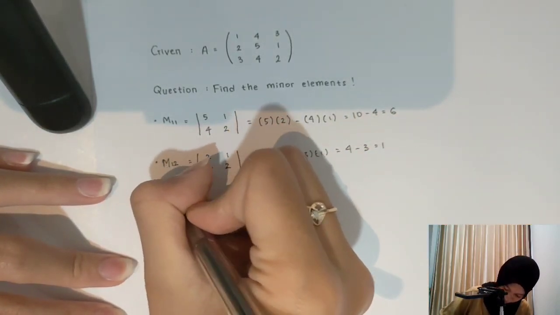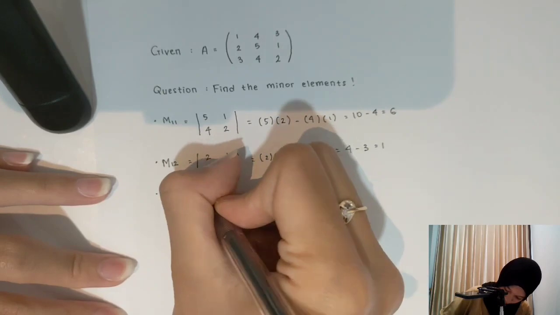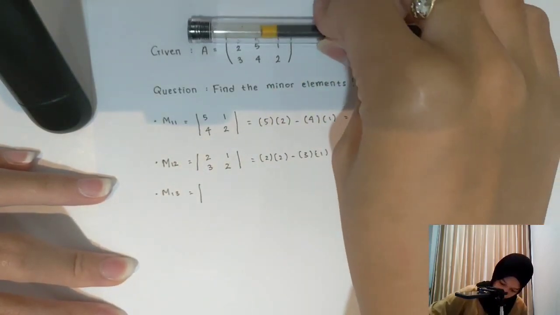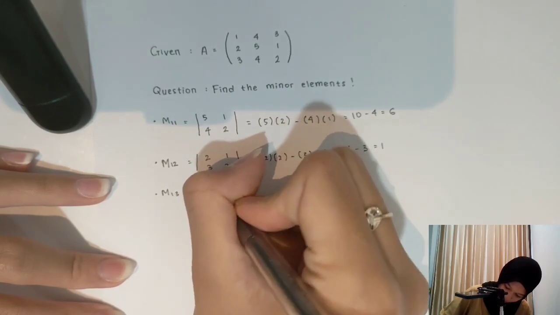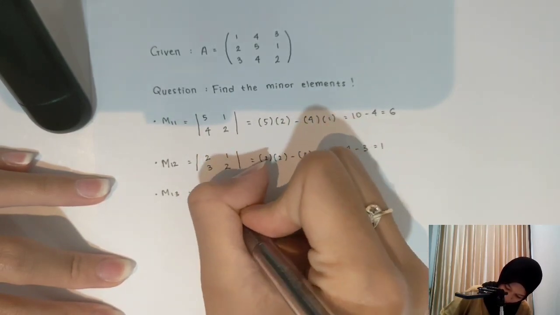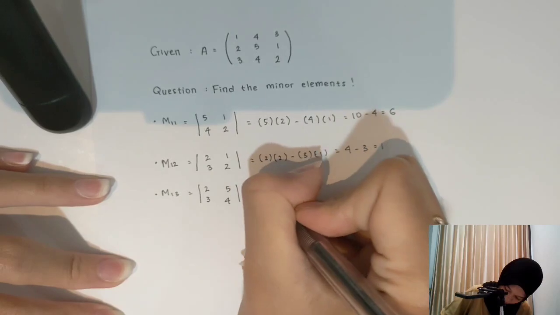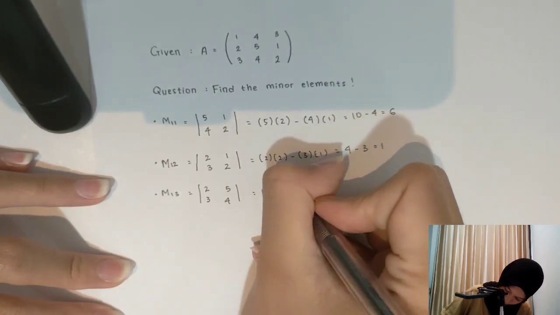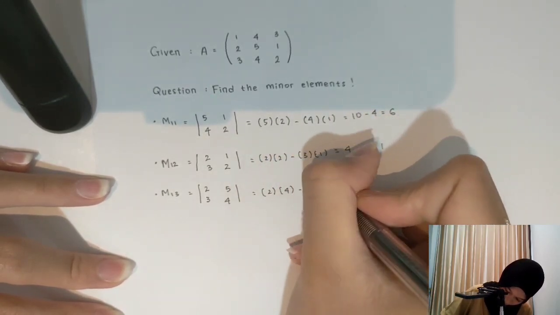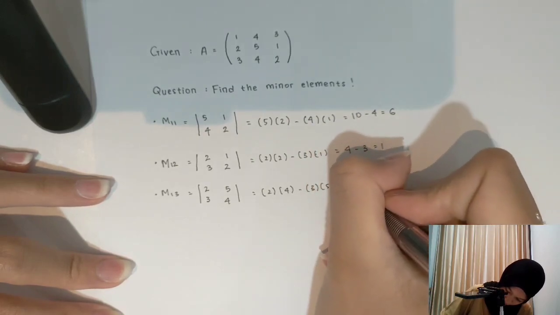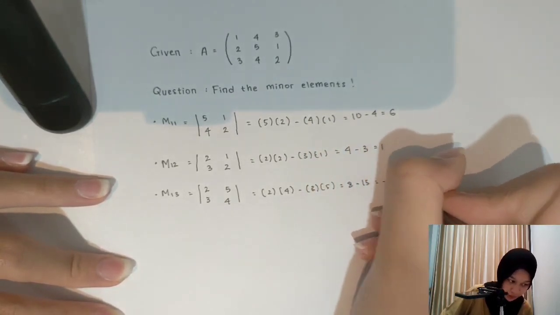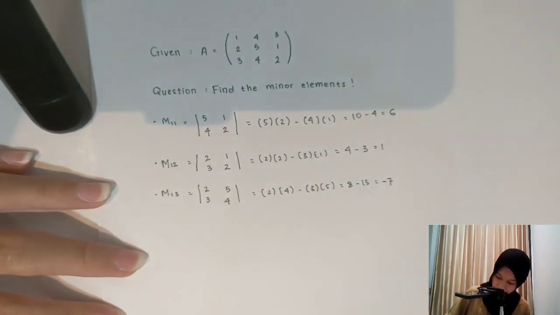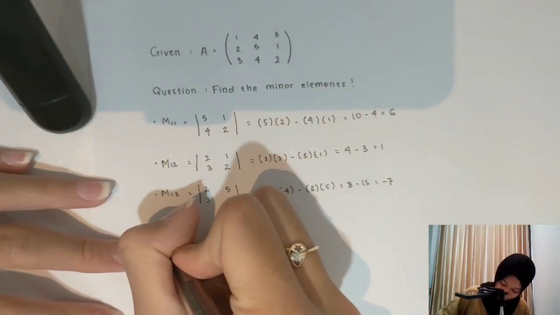And then minor row 1, column 3: 2, 3, 5, and 4. 2 times 4 minus 3 times 5. 8 minus 15 will be minus 7. And so on to the next row and column.